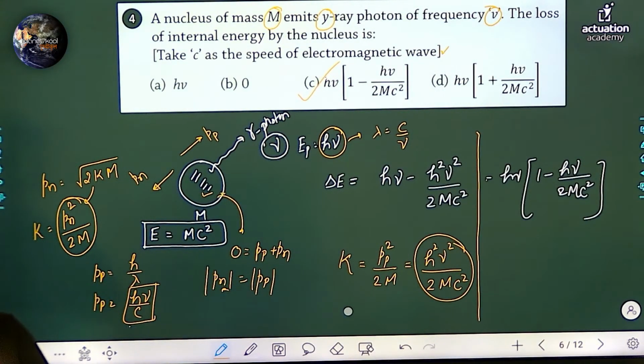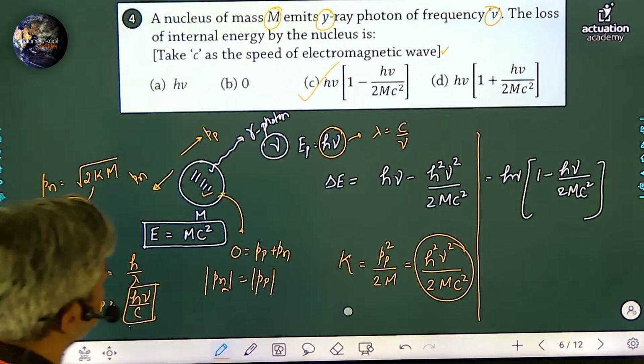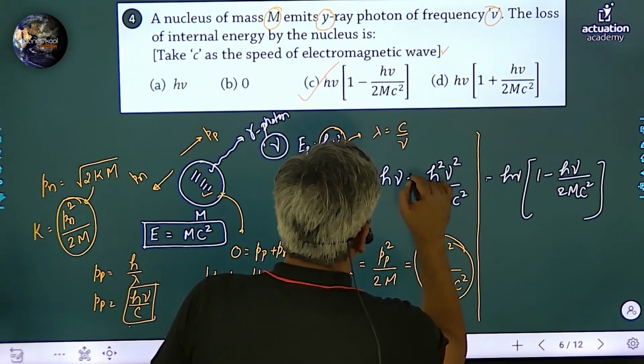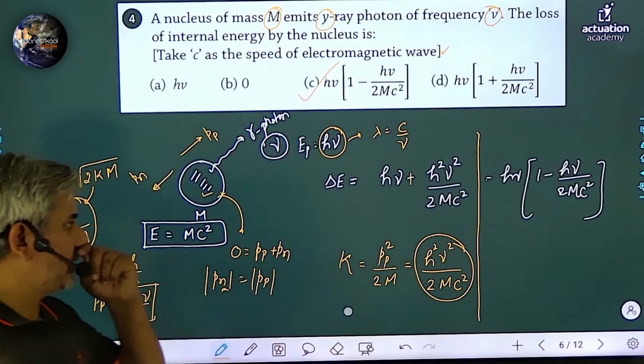Sorry, the loss is actually the energy of the photon plus the kinetic energy.